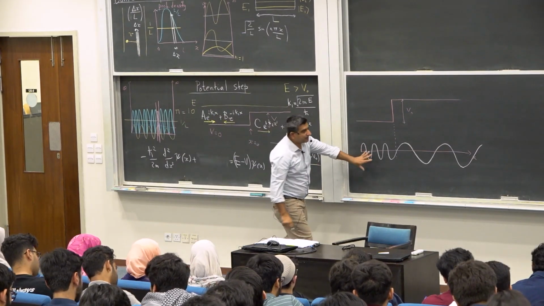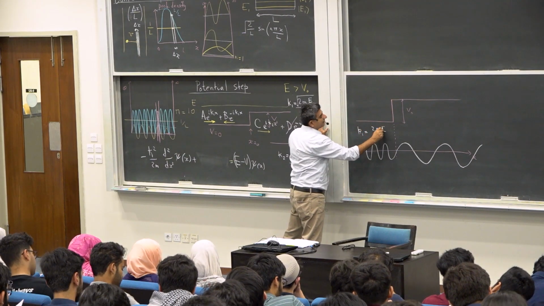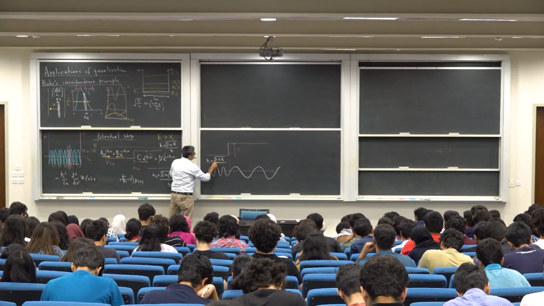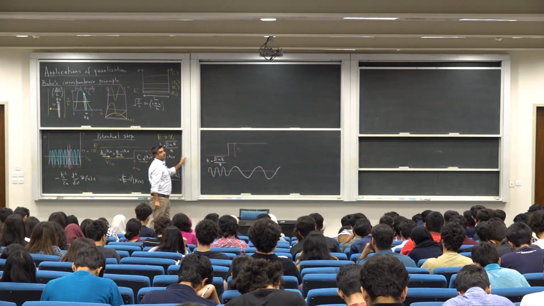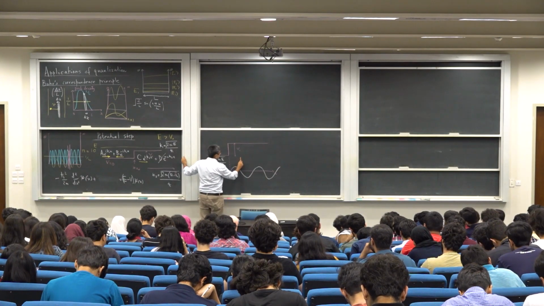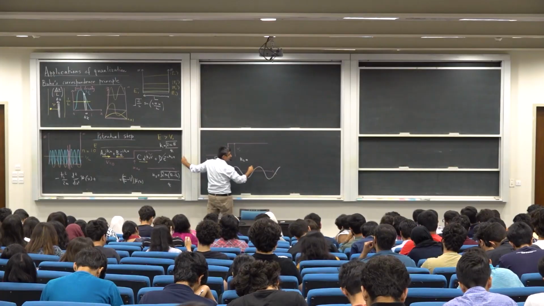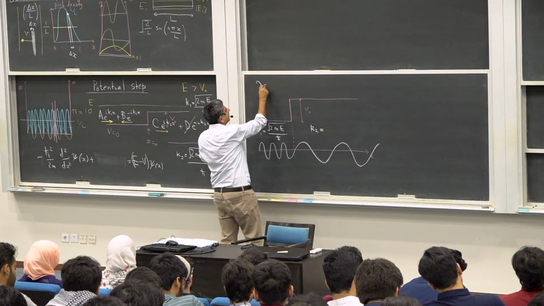Here the wave number k1 is square root of 2mE over h bar. Here the wave number is smaller, which means the wavelength is longer, because the wavelength is 2 pi over k.